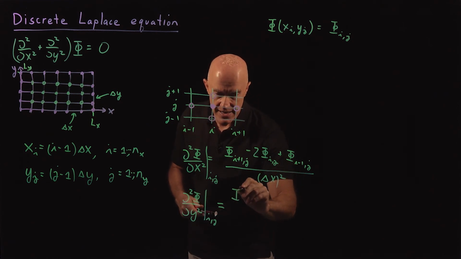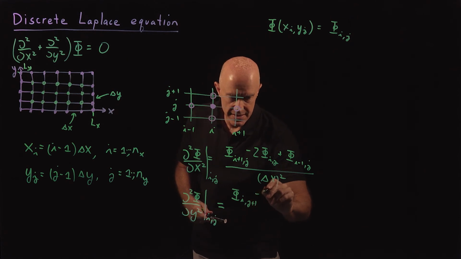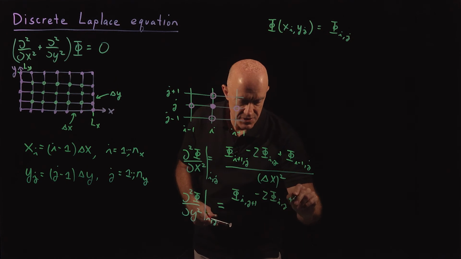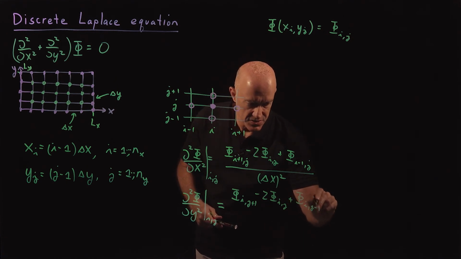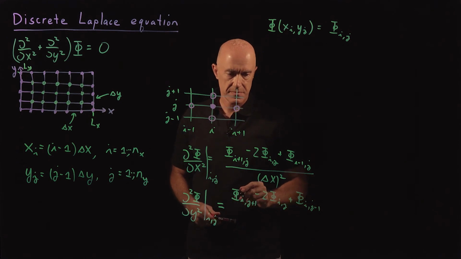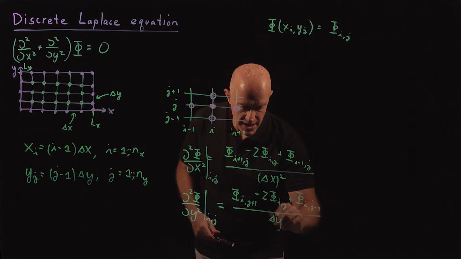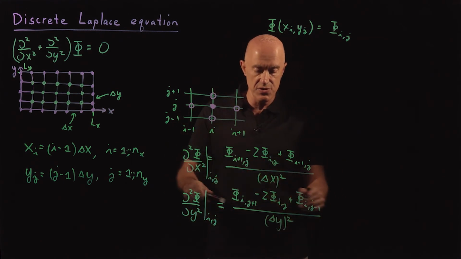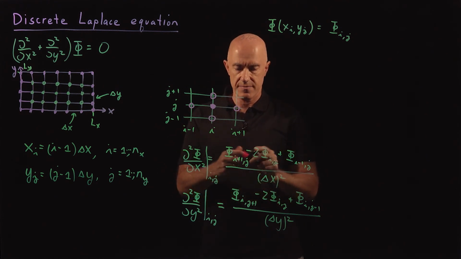So we have phi sub i of j plus 1 minus 2 phi i j plus phi i j minus 1 divided by delta y squared. Okay? The central difference approximation in the y direction.